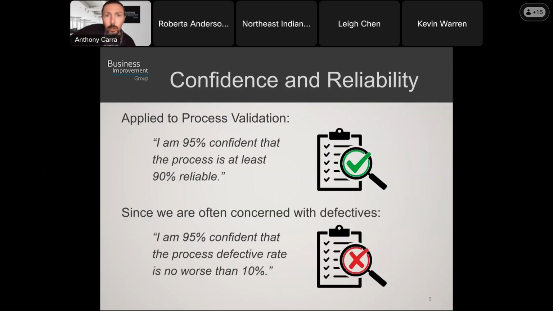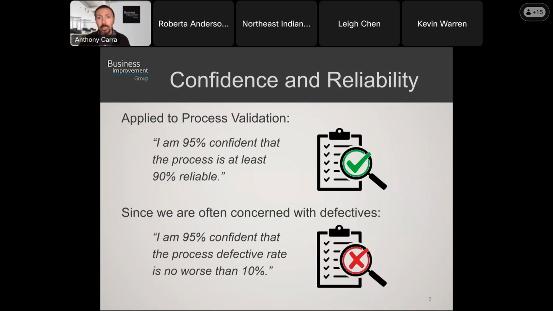Now, apply this to process validation, but you could easily extend it to CAPA effectiveness or even the acceptability of a lot, if you have a large lot and you're pulling a sample from that. Basically, the statistical statement we're going to say is, I'm 95% confident that the process is at least 90% reliable.